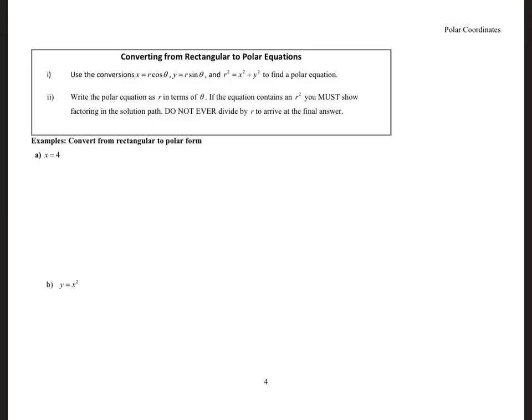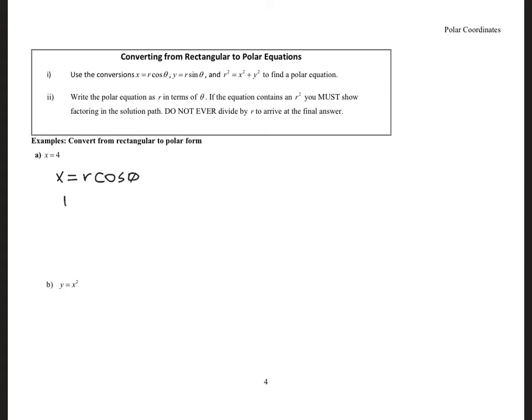Okay, now here we are going to convert from rectangular to polar. And remember, these equations, we're going to use them. So number 1, I have x equals 4. Remember, x is the same as r cosine of theta.